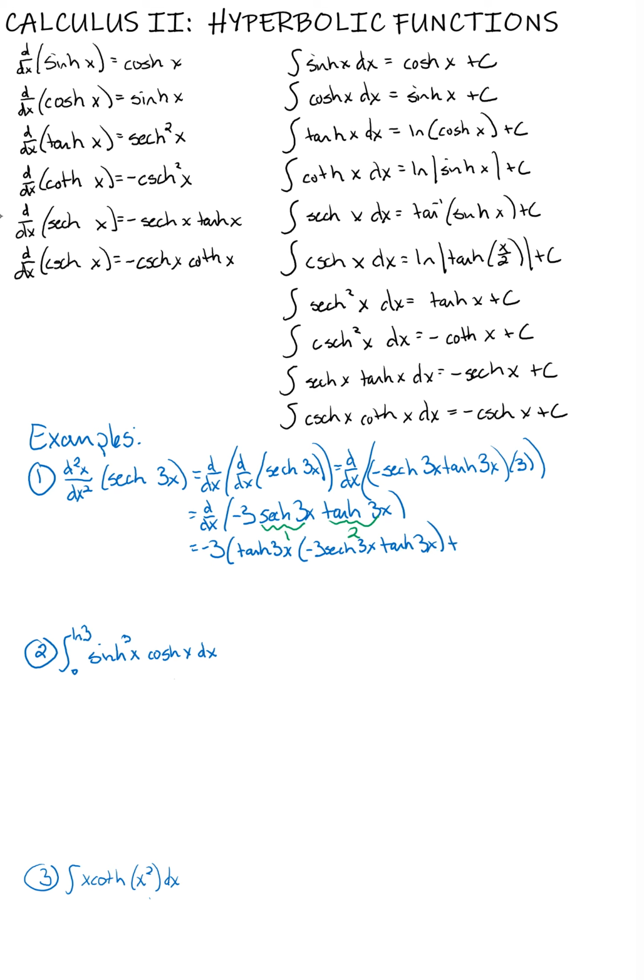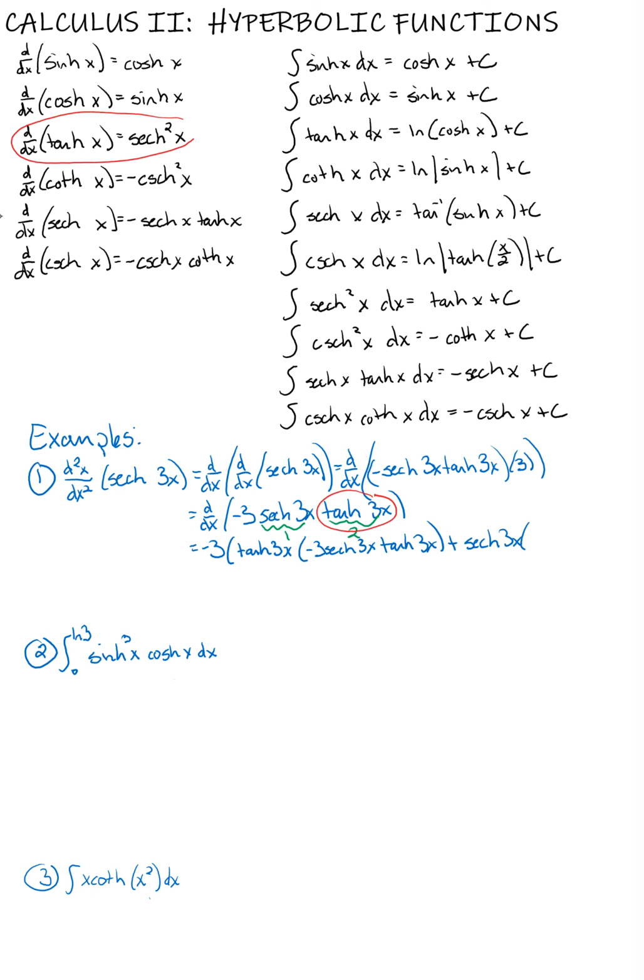Now we're going to write, again, I'm not worried about that negative 3 in the front. I've already got that taken care of. Now it's going to be the first, which is hyperbolic secant of 3x times the derivative of the second. Notice our second is hyperbolic tangent of 3x.